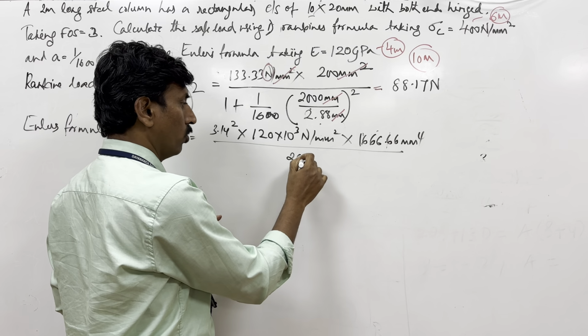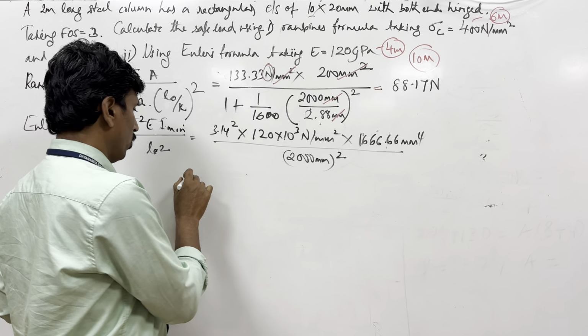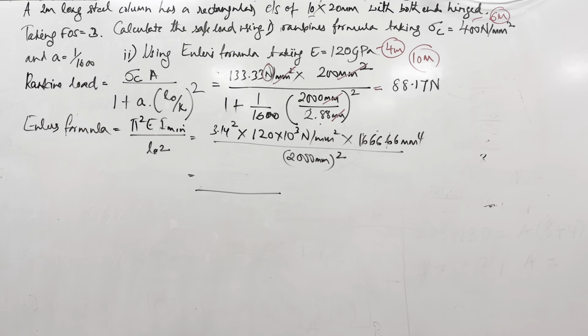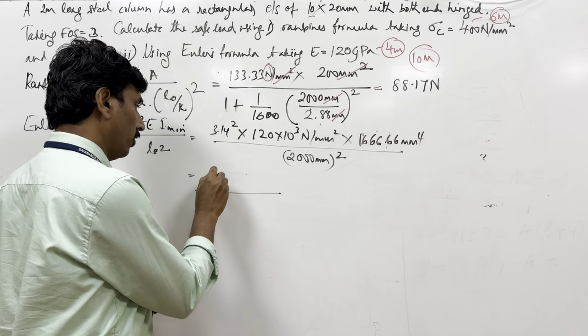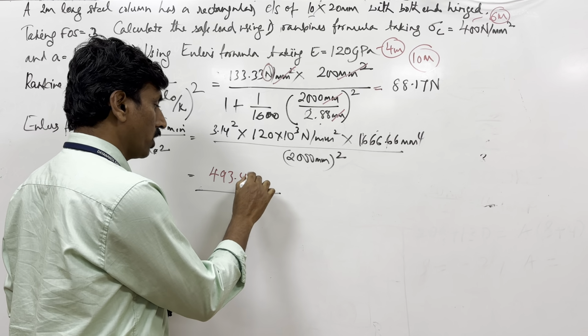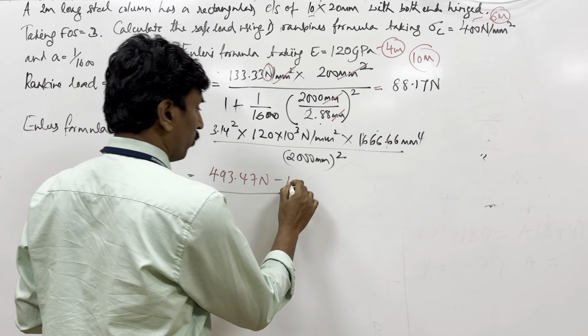LE is how much, guys? 2000 millimeter square. So this is direct substitution. It is the reason why you will get 4 marks. I think these problems are straightforward. 493.47 newtons.